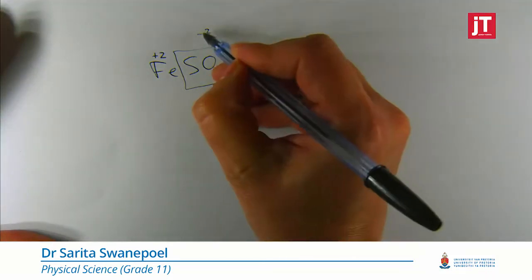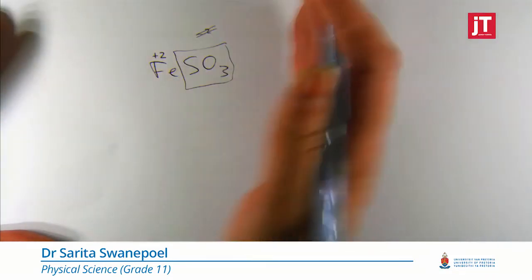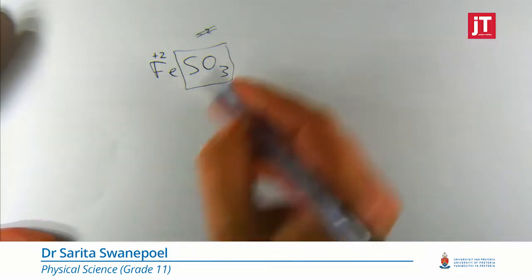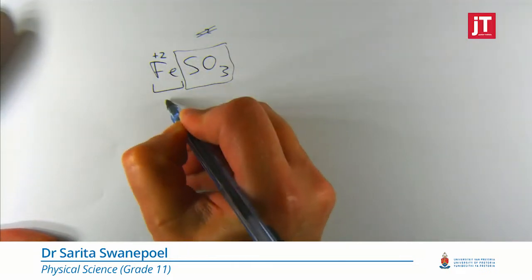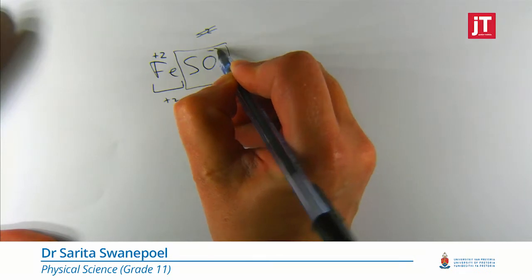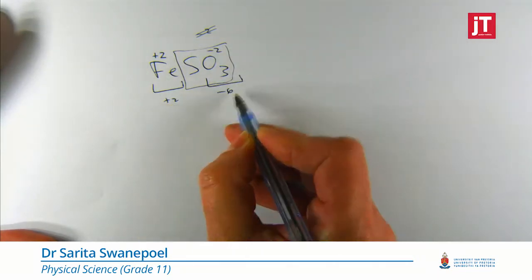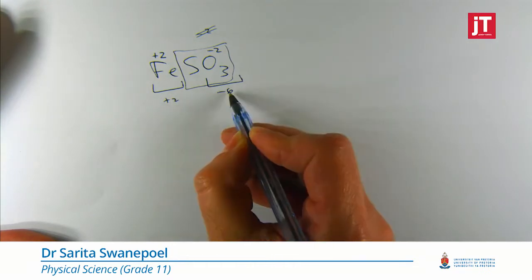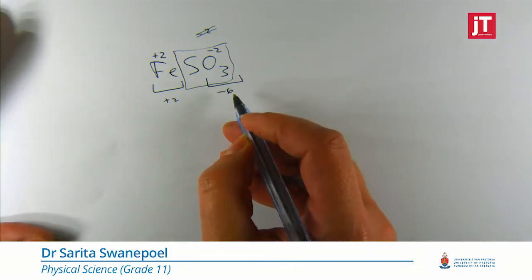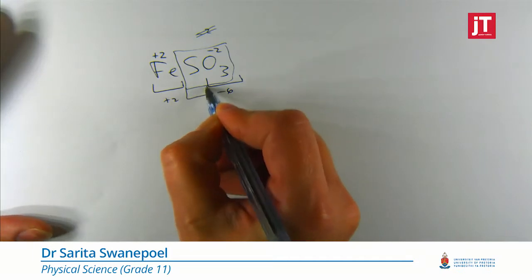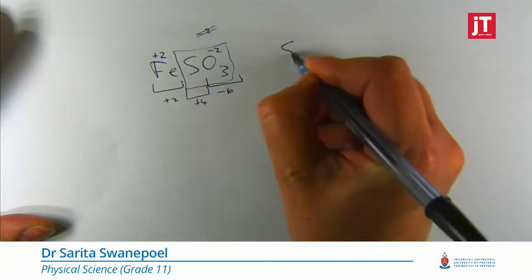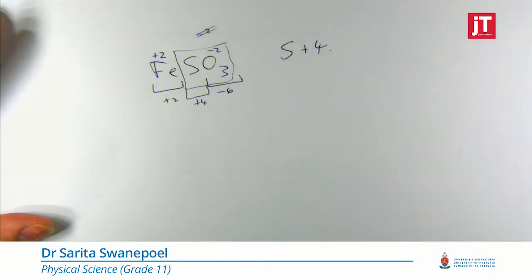And then you look at them separately. Forget about them all together. Now say, okay, the iron being +2, every oxygen is a -2, so that is -6. So I've got -2 there, I've got +2, -6. So what do I need? +4. So that sulfur is in the +4.